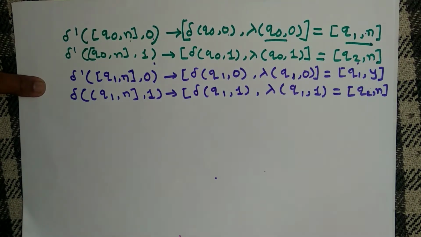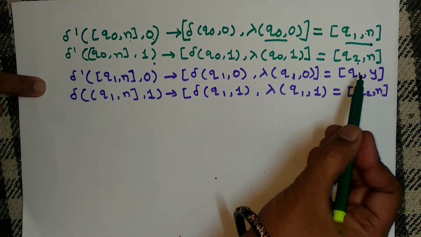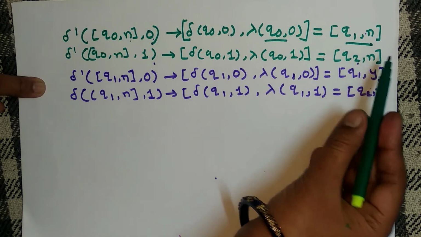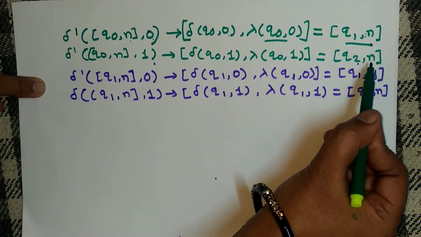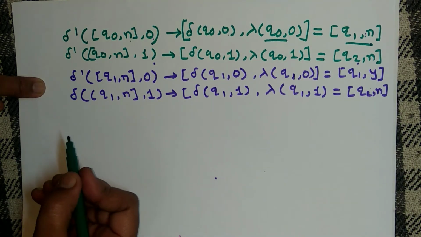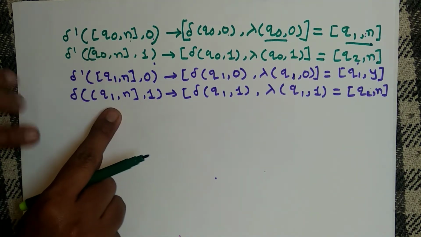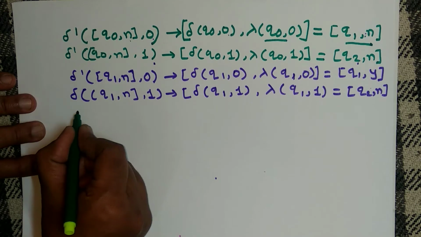Okay, done. Now next, what will we get? Q1y and Q2n over this Q1n. Now what is remaining? Checking of Q2n over the 0 and 1 is remaining. Same procedure. See how it can be done.